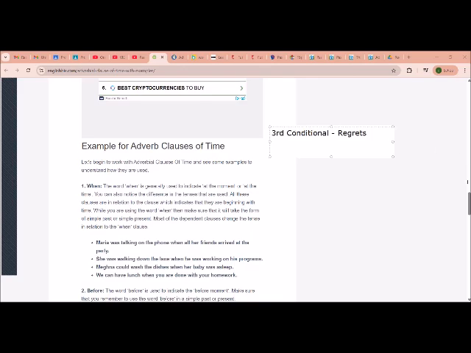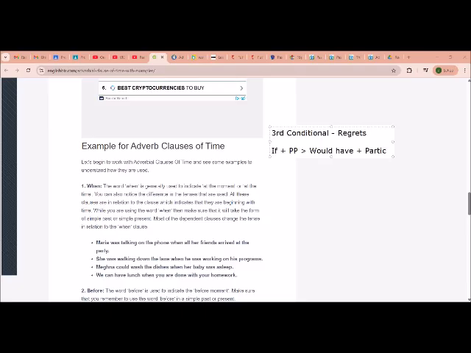For example, with a third conditional, you go with if plus your past perfect, and that is connected to your resulting would have plus your verb in participle.